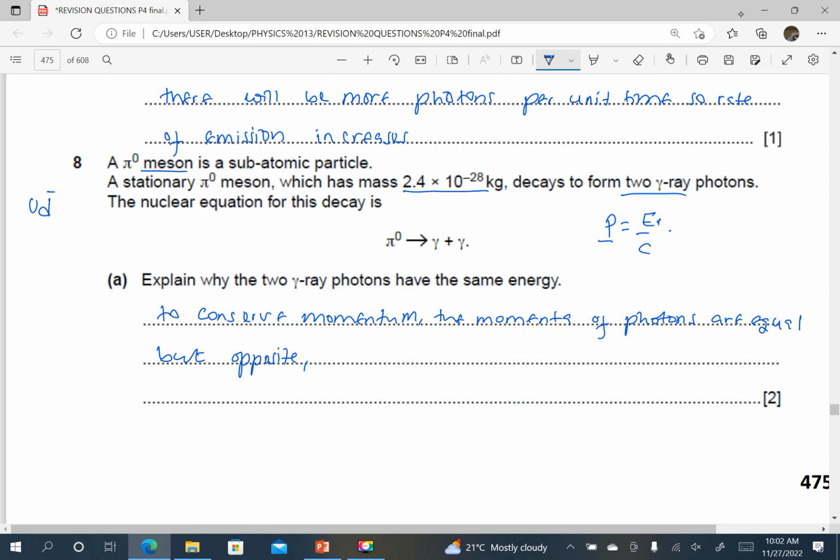And since photons have the same momentum, they have the same energy.